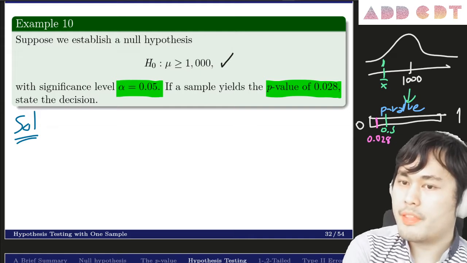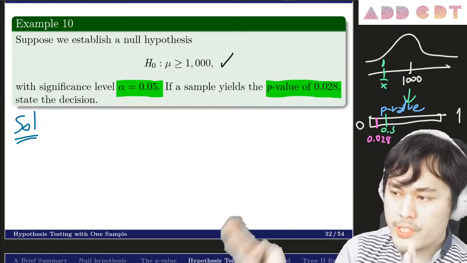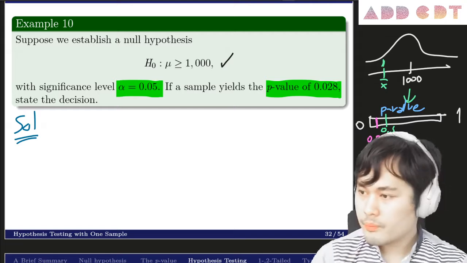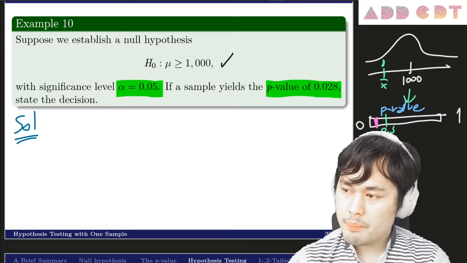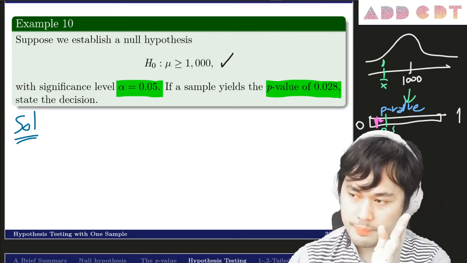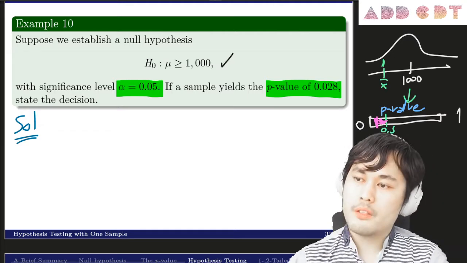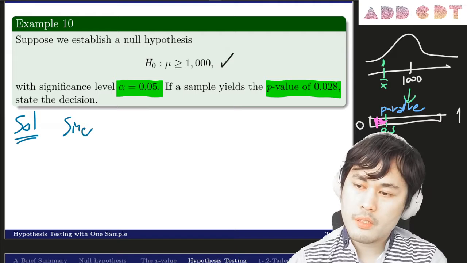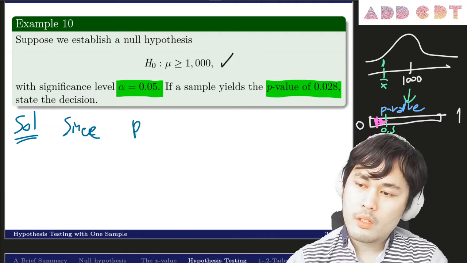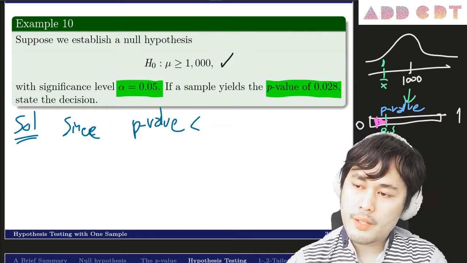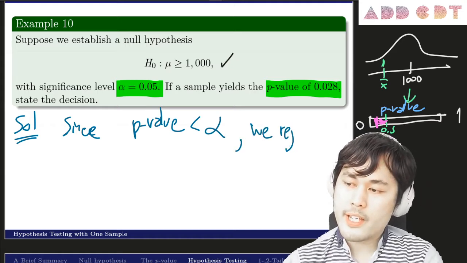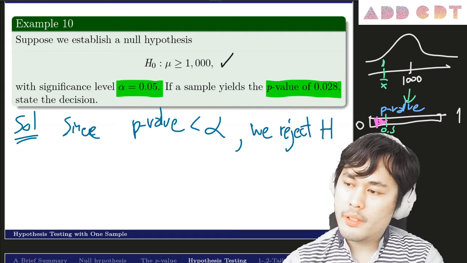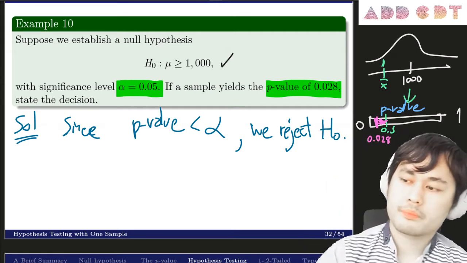If the number is less than 0.05, we are going to reject the null hypothesis. And in this case, it is easy to see that this p-value falls below that alpha. So we simply say since the p-value is less than alpha, then we reject the null hypothesis.